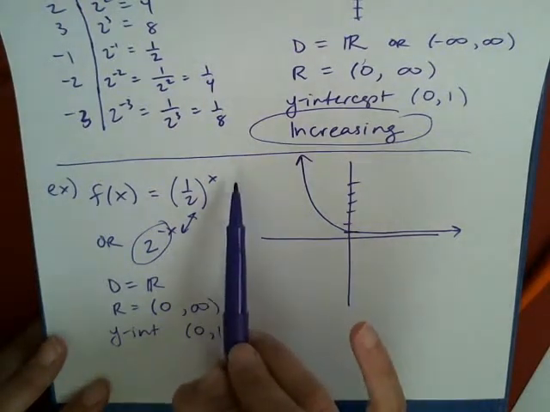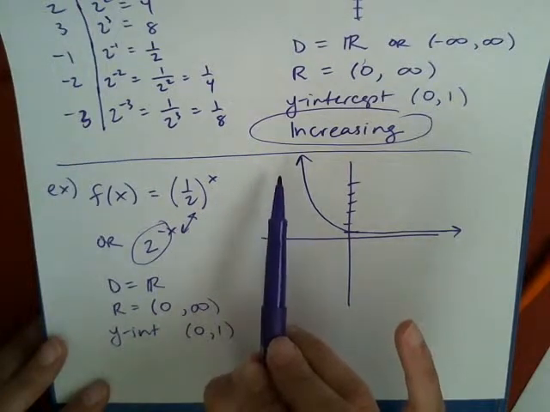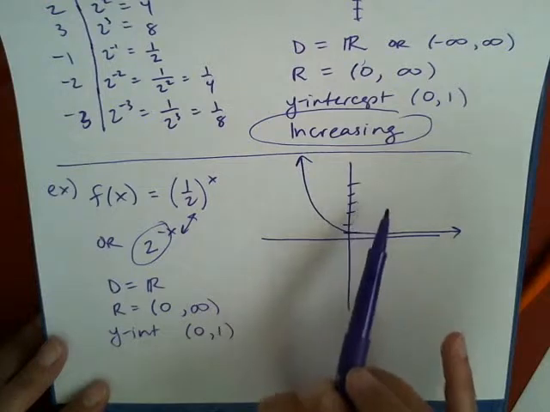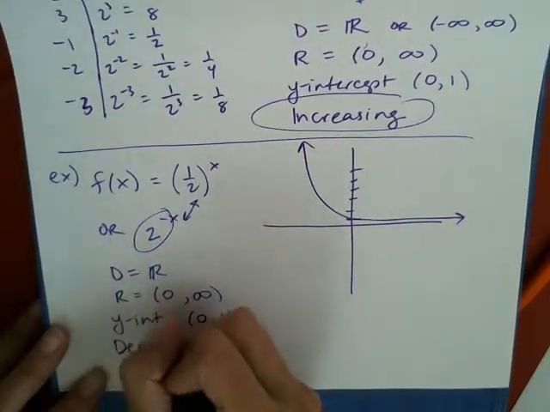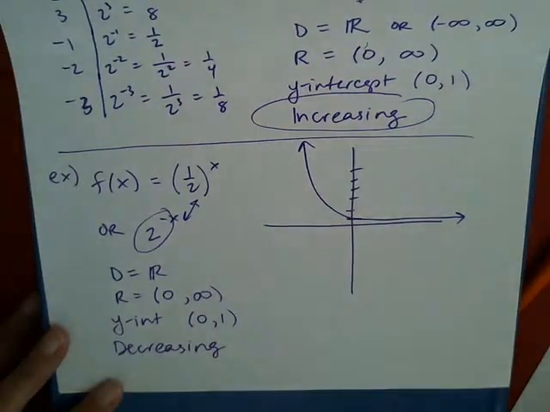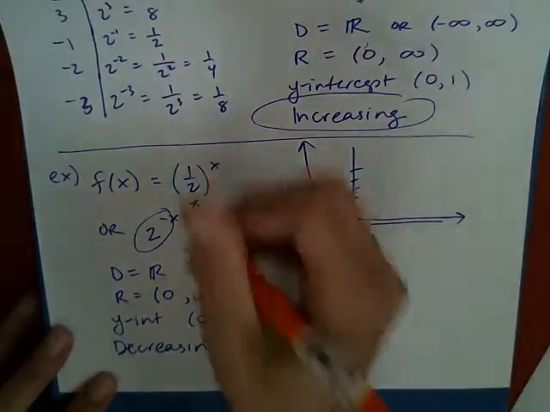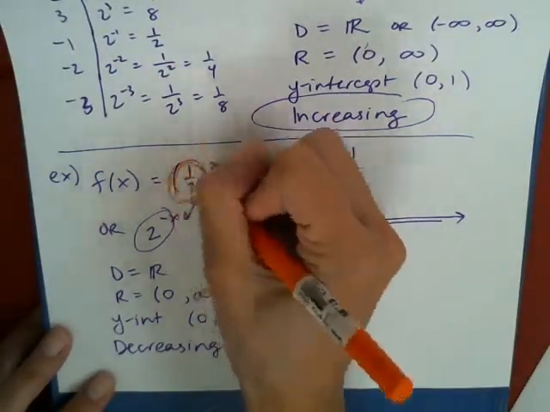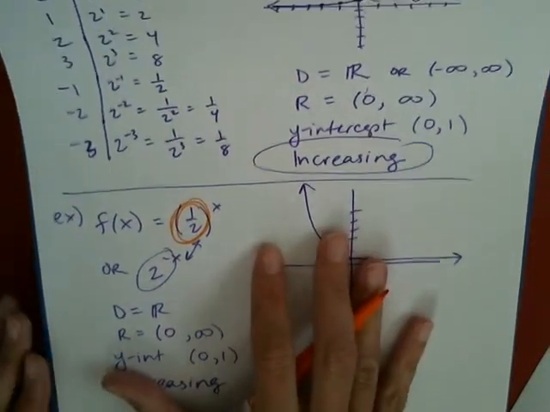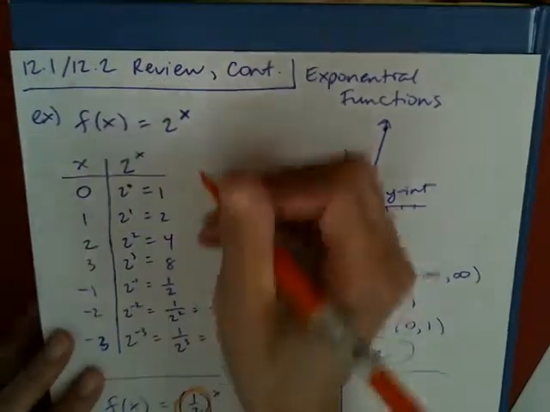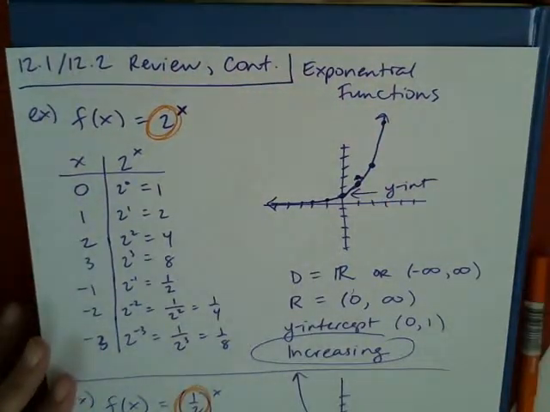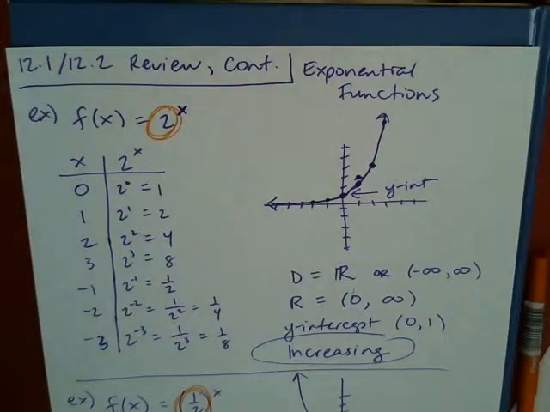So I start on the left, like I read a book. I pick up the graph way up here, and as I move to the right, I'm forced to go down. So this is a decreasing exponential. And the difference is that base. If I have a base that's a fraction, it's decreasing. When I have a base that is a positive whole number, it is increasing.